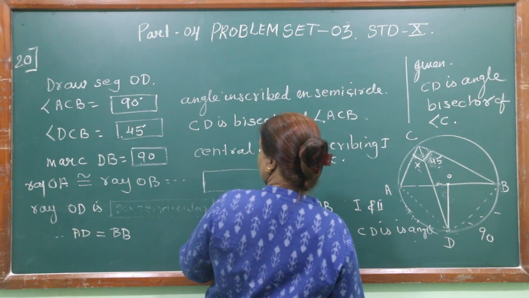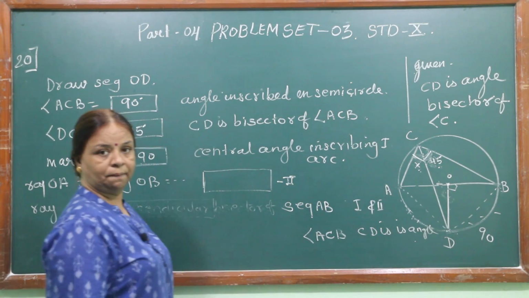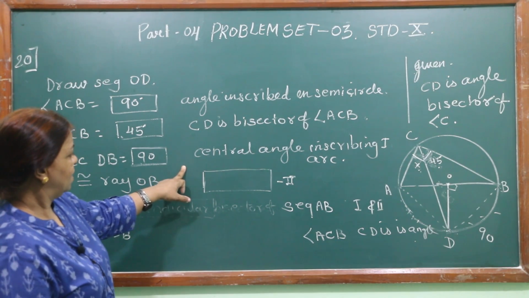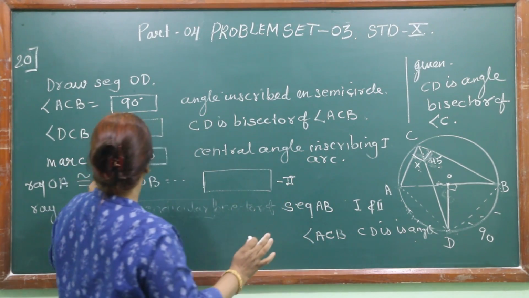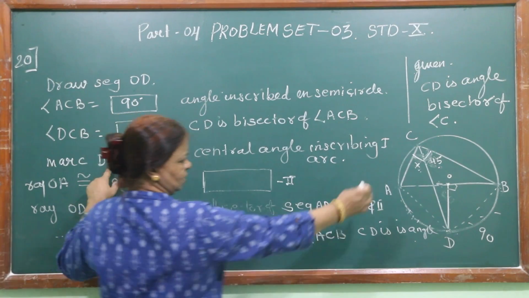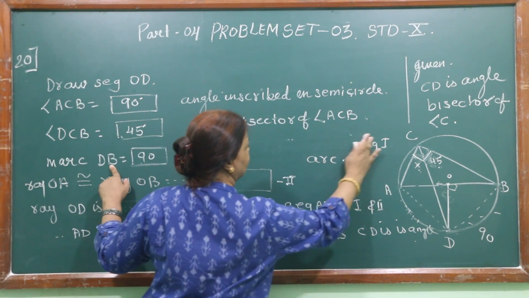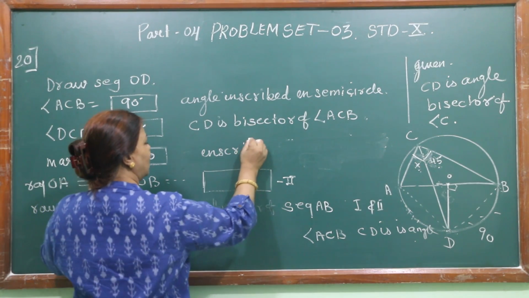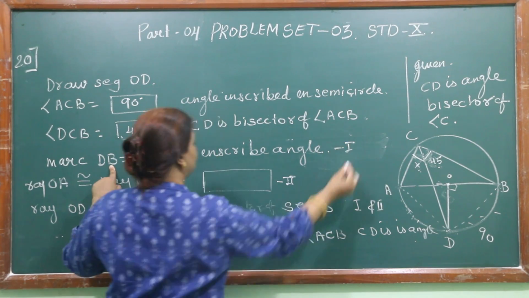Now, what about this angle? This angle also will be 90 degrees. By the inscribed angle theorem we can say, major arc DB is intercepted by an inscribed angle. This is the first point.